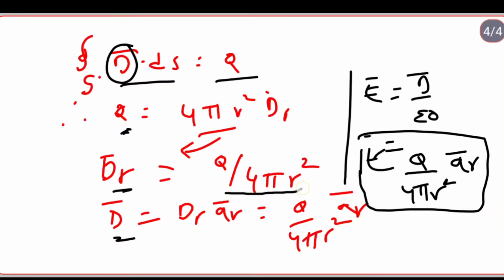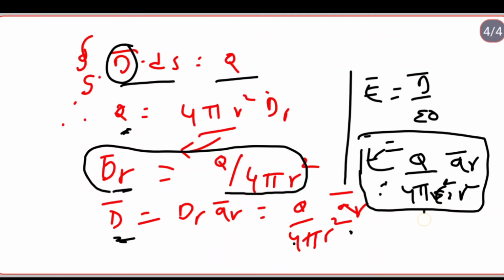This is the Dr. From this, D bar equal to Dr ar, that equals q by 4 pi r square ar. Similarly we can calculate E bar. If you know D bar, we can calculate E bar. E bar equal to q by 4 pi epsilon naught r square ar. This expression is the same as obtained in Coulomb's law.